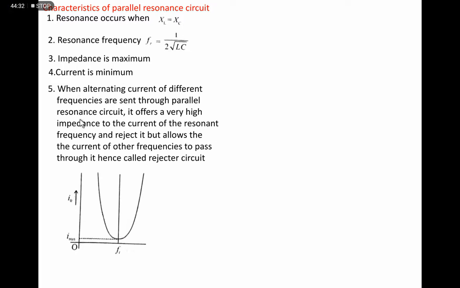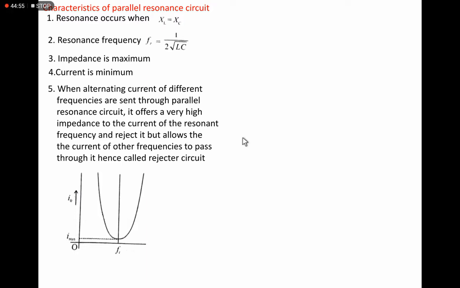Because of this, the current does not pass through the circuit; it is rejected. All the current is rejected across the parallel LC circuit, hence this circuit is known as the rejector circuit. So these are the characteristics of the parallel resonance circuit.